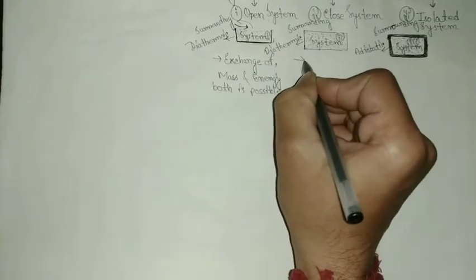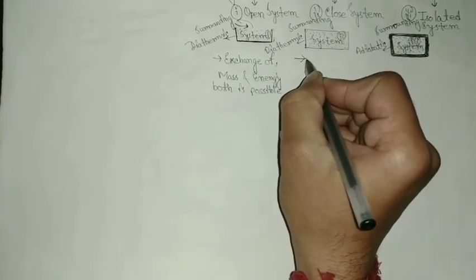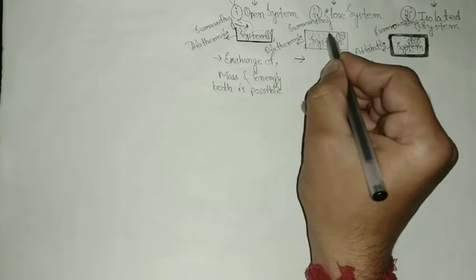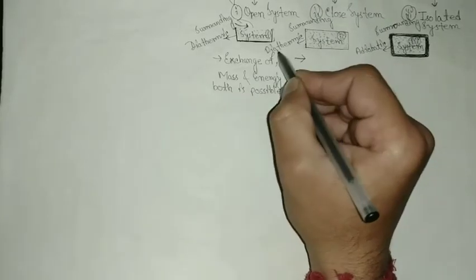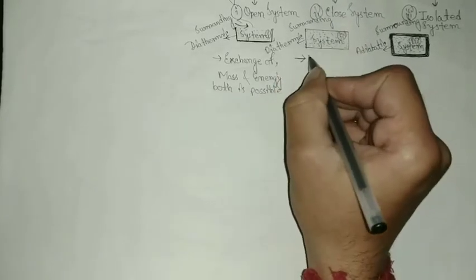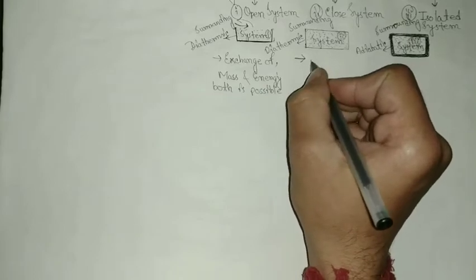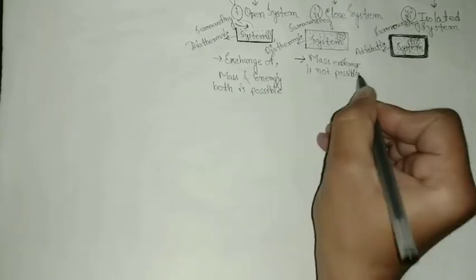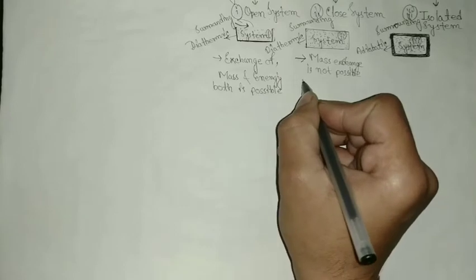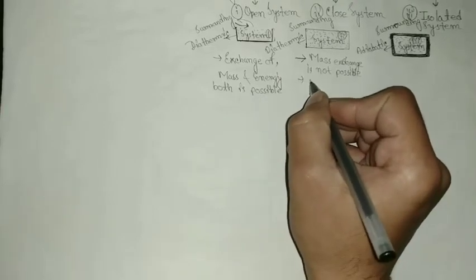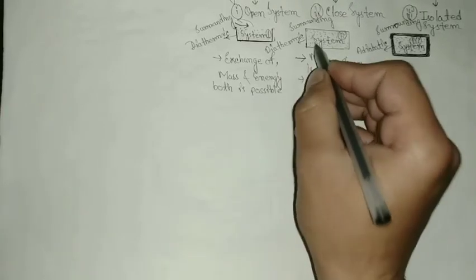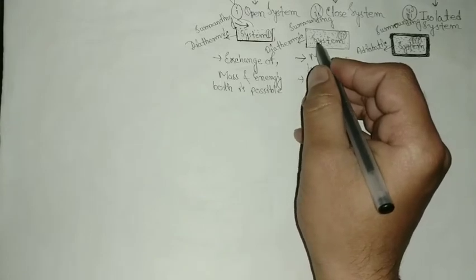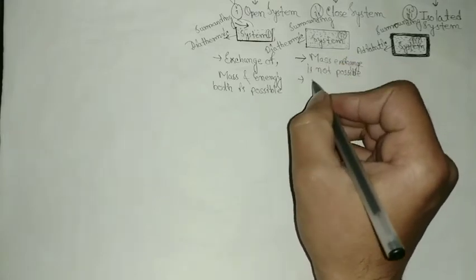And system 2 is closed by a diathermic wall, and here exchange of mass is not possible, and exchange of energy is possible by giving heat to the system or by absorbing heat from the system.